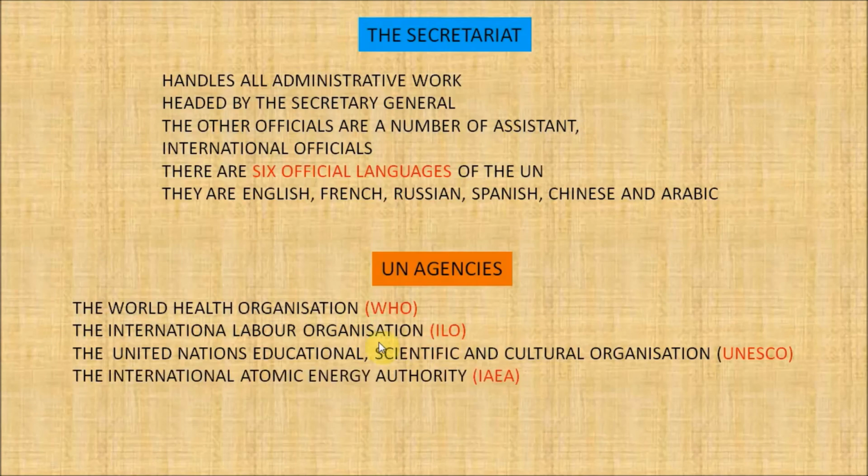And finally, the most important agency of the United Nations is the International Atomic Energy Agency, that is IAEA. The IAEA works with its member states and multiple partners worldwide to promote safe, secure and peaceful nuclear technologies.